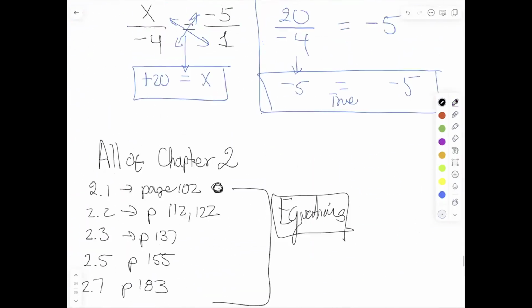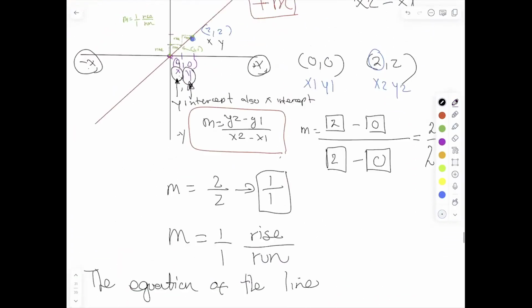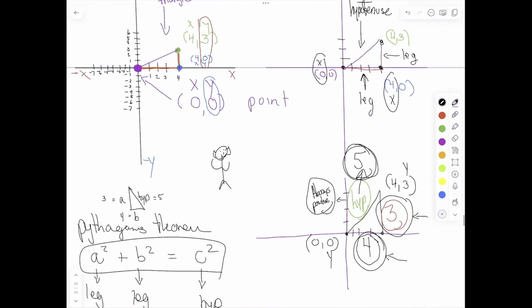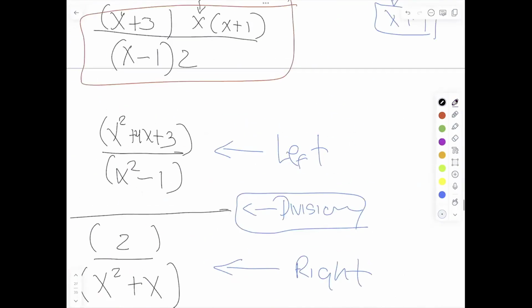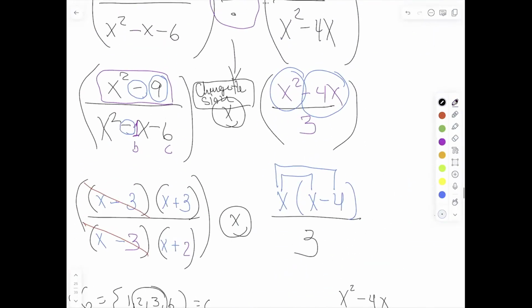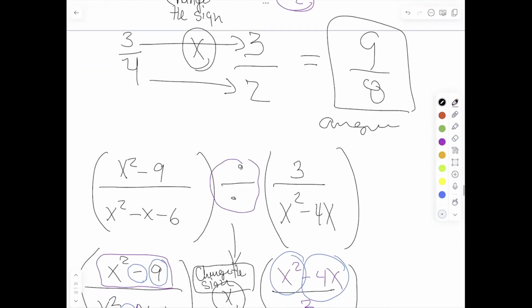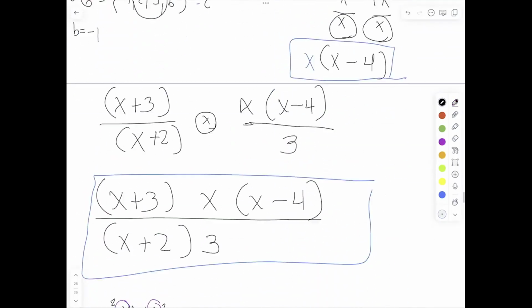Because I know some of you are like, you didn't do a quadratic formula. And I know I did.